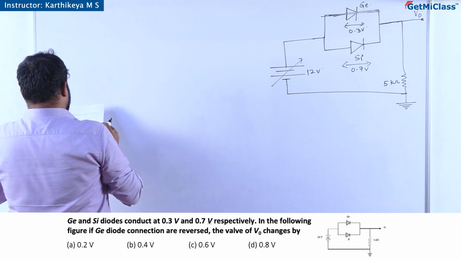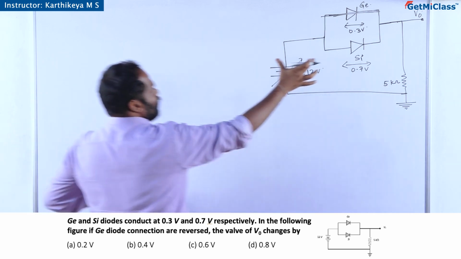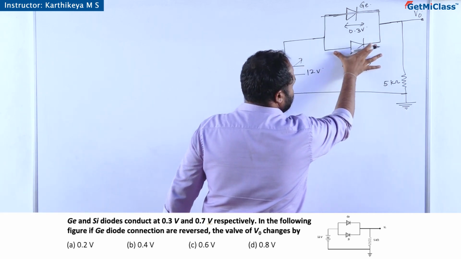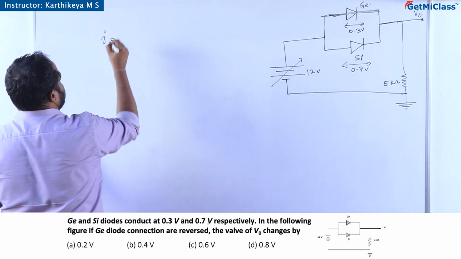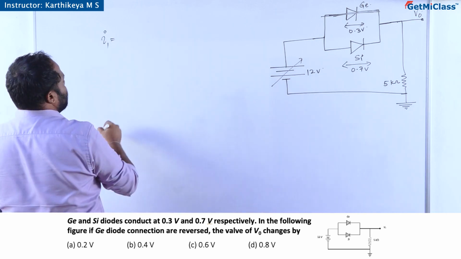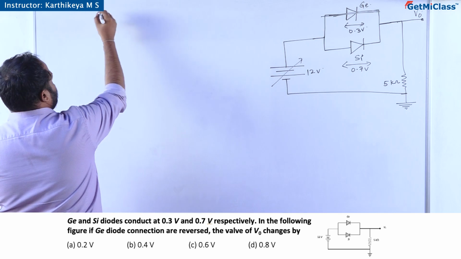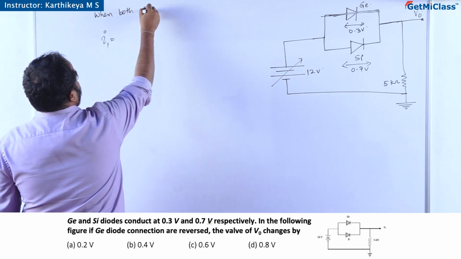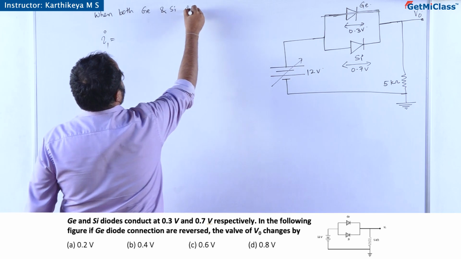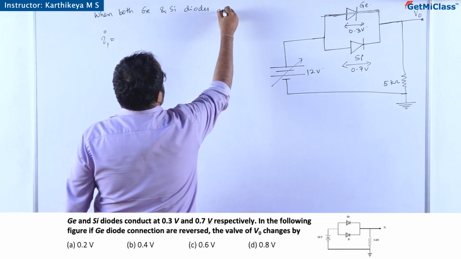So, that is 0.3 volt drops here, 0.3 volt drops here. Okay. So, current in the first case is I1, when both germanium and silicon diodes are forward biased.